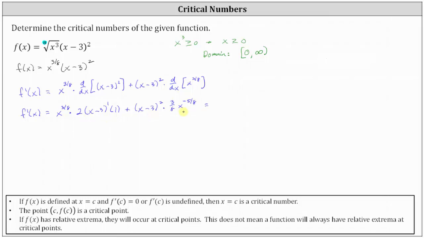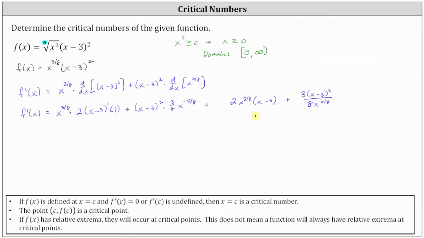Let's clean this up and write this using positive exponents. For the first product, we have 2 x to the 3/8 times x minus 3, and then we have plus 3 times the square of x minus 3 divided by 8 x to the power of 5/8. Notice how I moved x to the power of negative 5/8 to the denominator with the 8, which changed the exponent to positive.